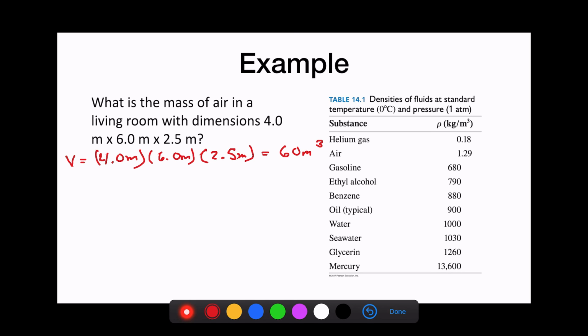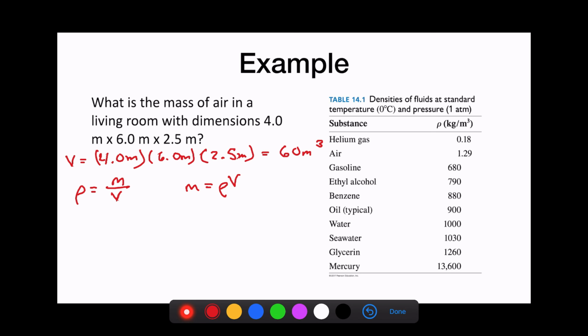Now, in order to figure out the mass, I can remember that my density is equal to mass over volume. We've already calculated the volume, and we can look up the density from our table here on the right. So in order to find mass, I do a little algebra, and my mass is going to be equal to the density times the volume.